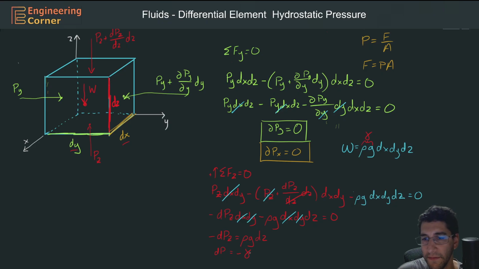So I can have my specific weight times dz. And this is the important differential equation that we have that will tell us how our pressure is going to change when we go up or down in a fluid.